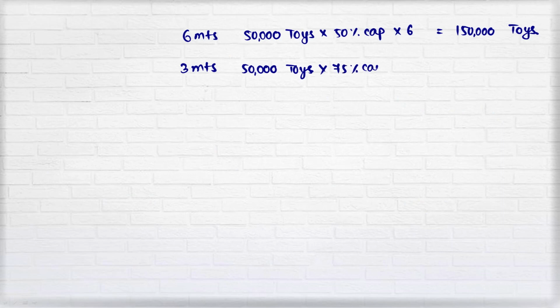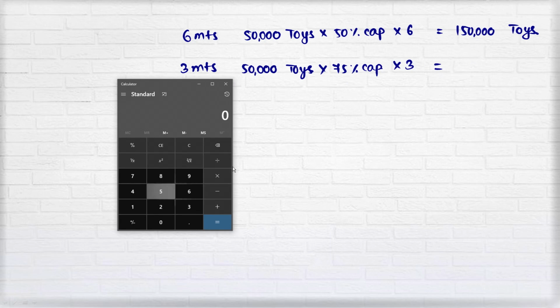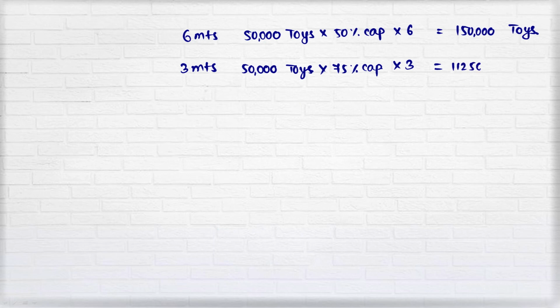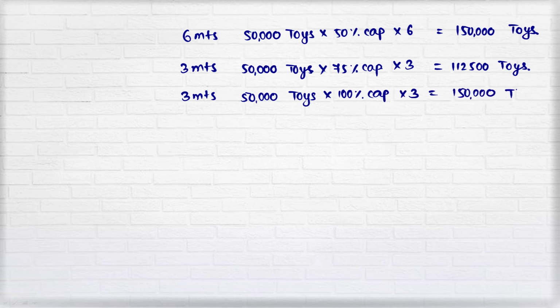We are working at 75% capacity multiplied by 3 months. This is 50,000 into 75% into 3, 1,12,500. And for next 3 months, you are working at 100% capacity, 50,000 toys for 3 months. That is again 1,50,000.